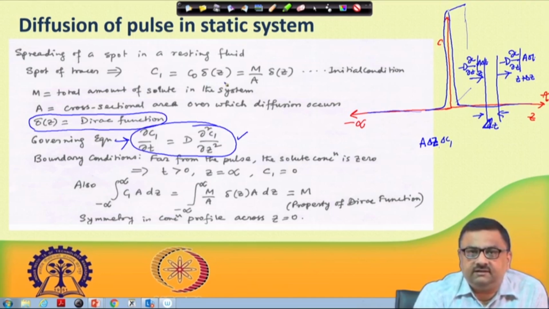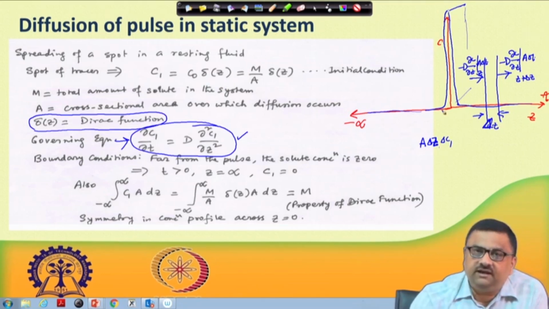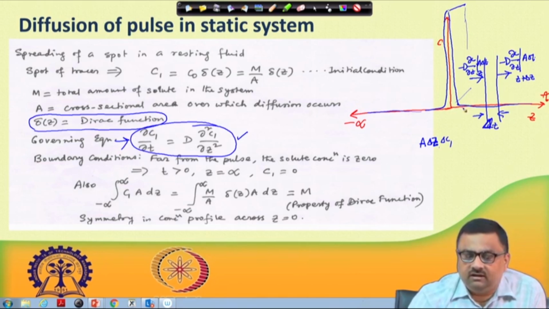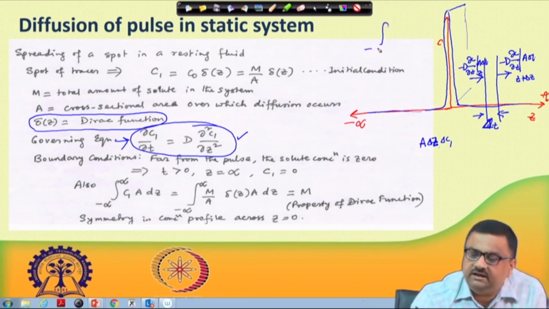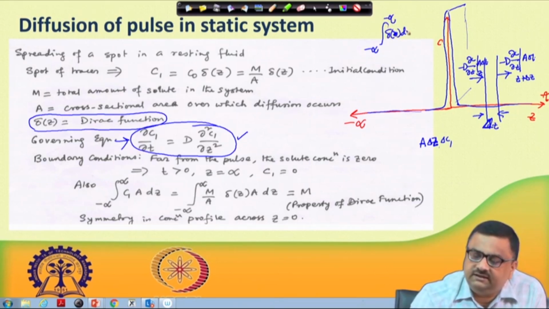The way delta z works is that delta z has a value of infinity at z equal to 0, and delta z is 0 everywhere else. On top of that, delta z has another property: if you integrate delta z dz from minus infinity to plus infinity, that is equal to 1.